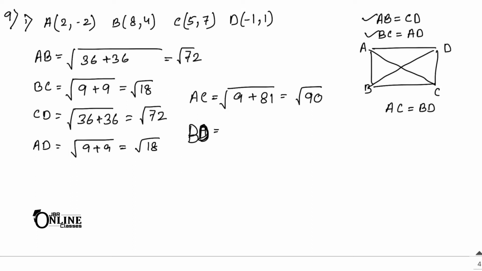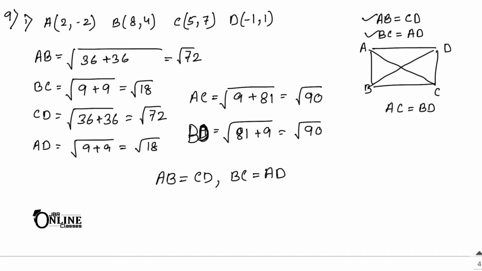So here BD is root over 8 plus 1 is 9, so that means 81. And then 4 minus 1 is 3, that means 9, so then again root 90. So now opposite sides AB equal to CD, as well as BC equal to AD, and also the two diagonals AC equal to BD. That means it is a rectangle. Okay, it is a rectangle.